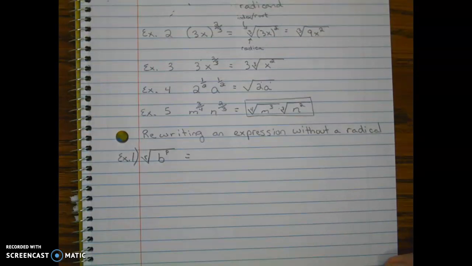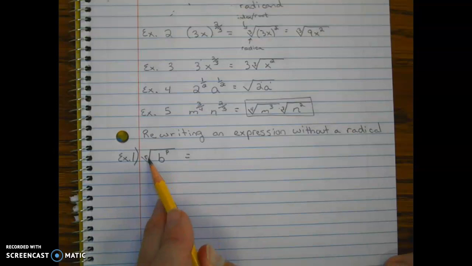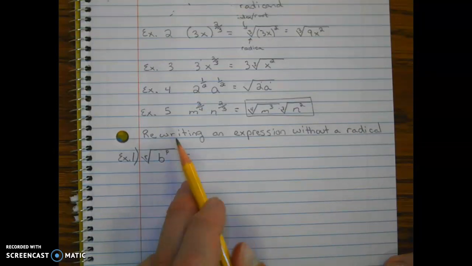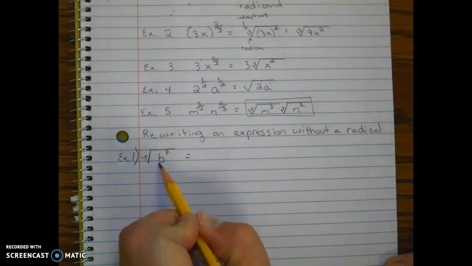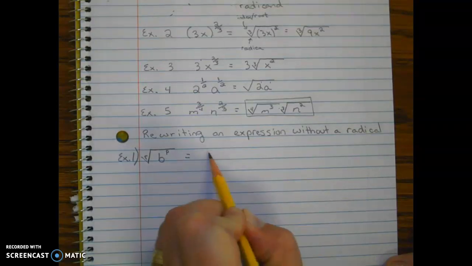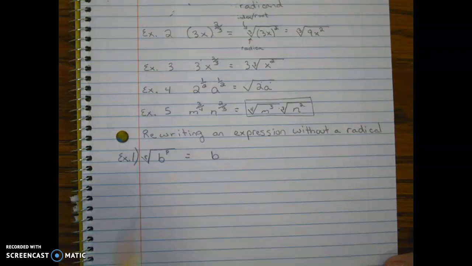Okay, this next segment is learning how to go from a radical to a fractional exponent. So we're going to be rewriting an expression without a radical. So the first thing we do is we take the radicand, in this case b, and make that the base.